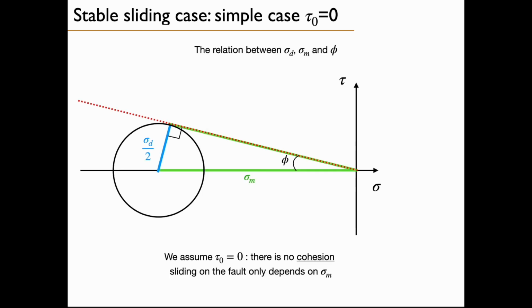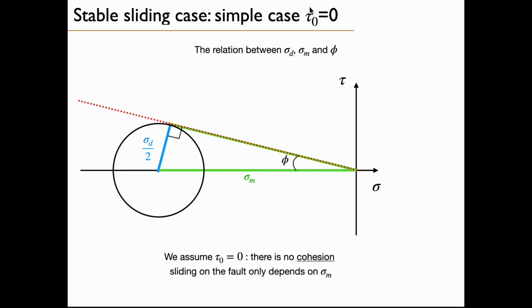Now, let's establish a relationship between sigma d, the differential stress, sigma m, the mean stress, and phi, the internal friction angle. So that's a simplified diagram here, where you have the shear stress again on the y-axis, and sigma, the normal stress, on the x-axis.